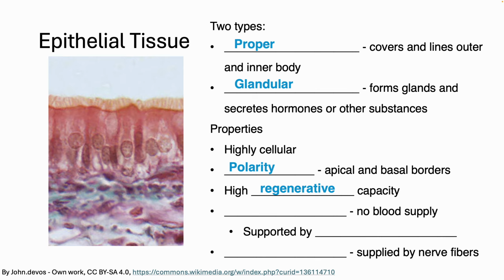It needs to be able to regenerate. However, it is avascular, meaning that it does not have blood supply. However, it still does need nutrients, and thus it gets this from the connective tissue that is supporting it. It is innervated, meaning that it is supplied by nerve fibers.